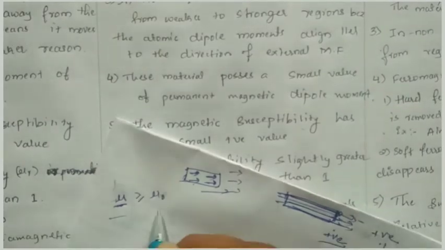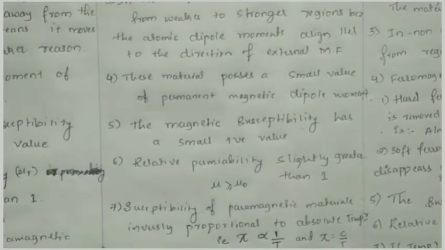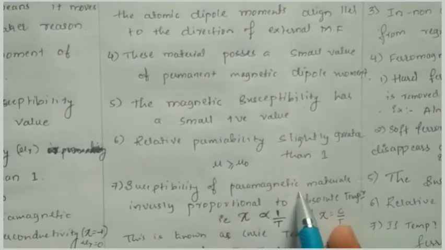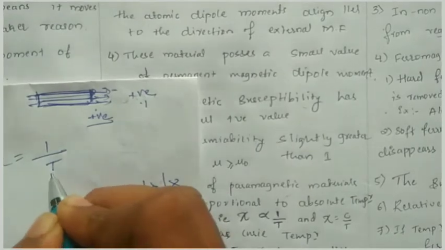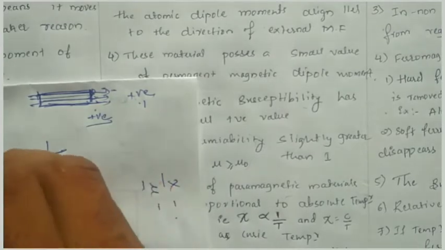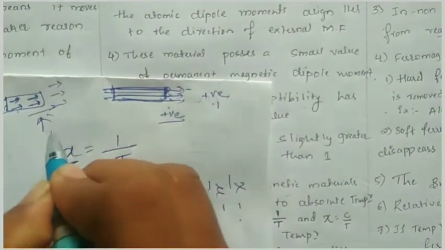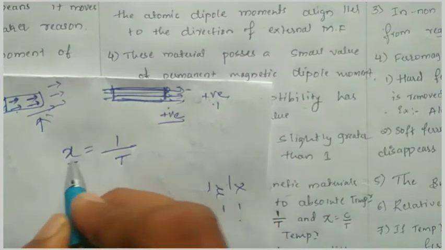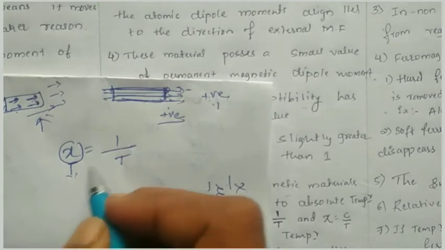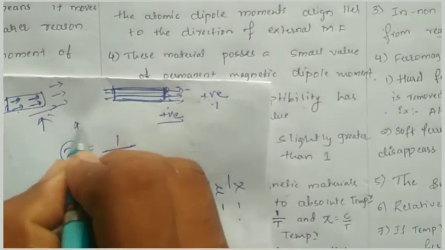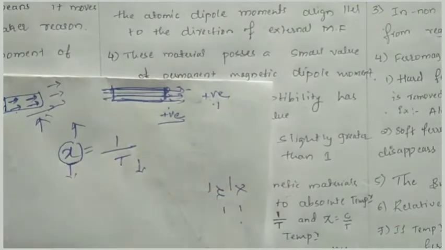Mu naught is the permeability of the vacuum, and the susceptibility of ferromagnetic materials is inversely proportional to the absolute temperature. If you increase the temperature, the susceptibility goes on decreasing, and if you decrease the temperature, the susceptibility goes on increasing.